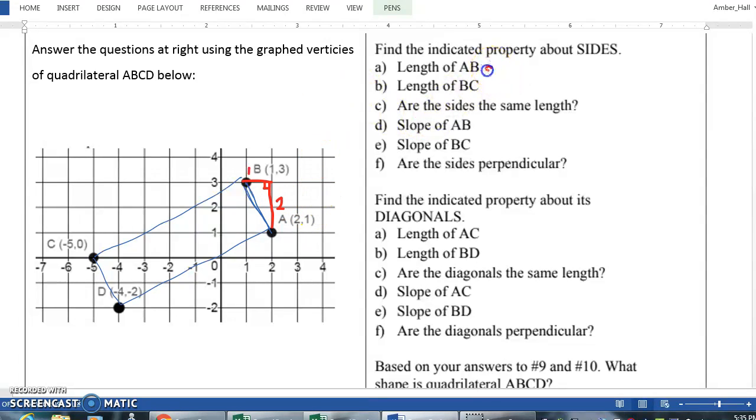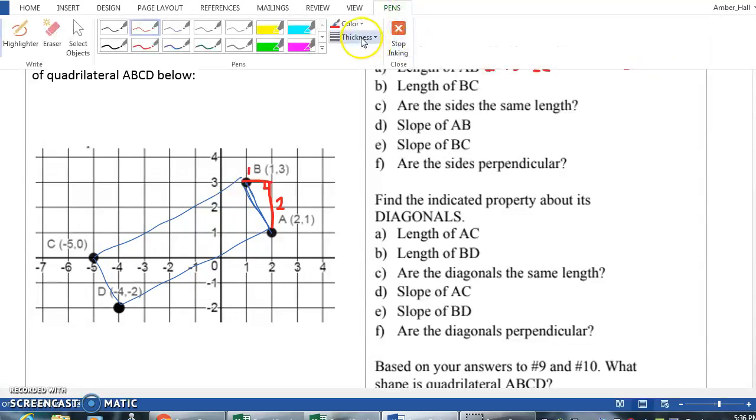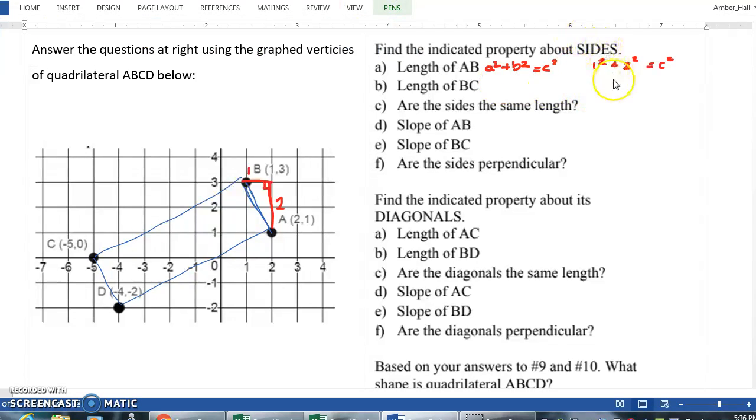So now we can do a squared plus b squared equals c squared, where we're solving for c. A squared would be 1 squared plus b squared, which is 2 squared. And we are solving for c squared. So 1 squared is 1, 2 squared is 4, 1 plus 4 is 5.